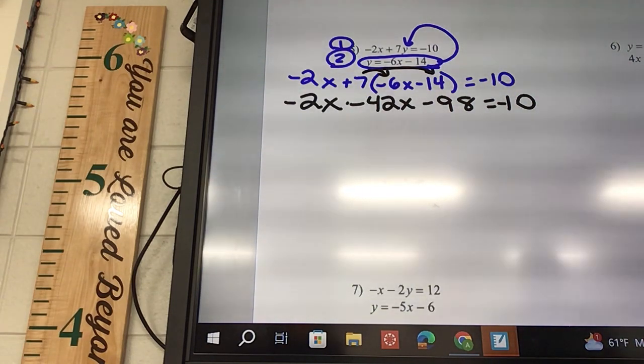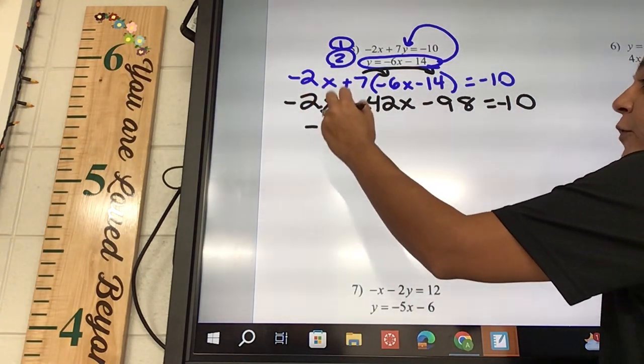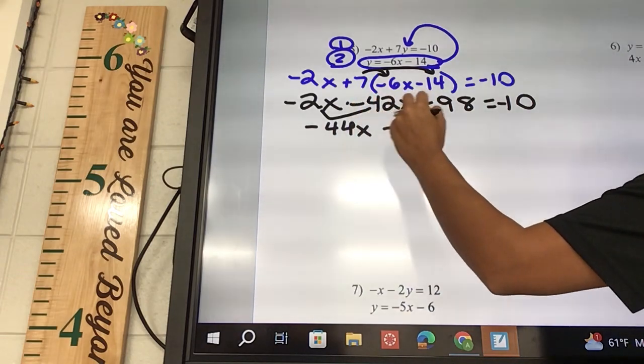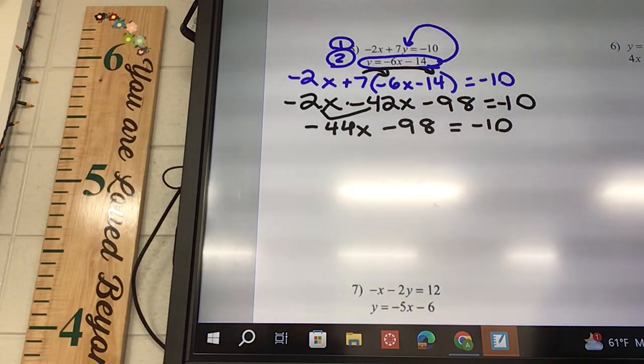Ooh, I think I know where you messed up. Okay, we can go ahead and combine, so I'm gonna get a negative 44x minus 98 equals negative 10. Was it a negative 88? Yeah, negative 44 actually, so it would have been a negative 2 altogether, which would have brought my answer down.